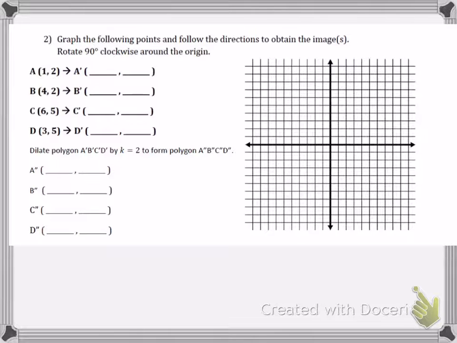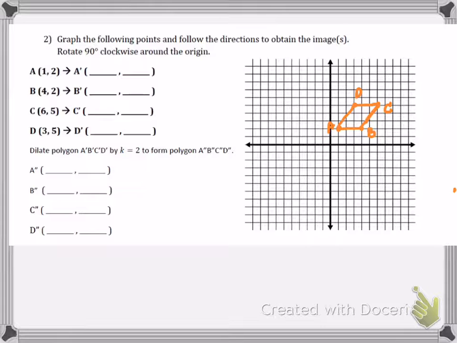So we have the ordered pair 1, 2, and that's going to be A. And we have the ordered pair 4, 2, and that is our point B. The ordered pair 6, 5 for our point C, and the ordered pair 3, 5 for our point D. And just connecting those, and hopefully you get a parallelogram on yours as well.